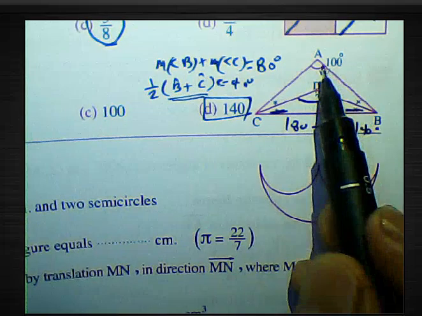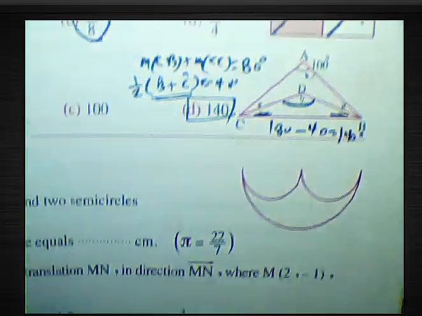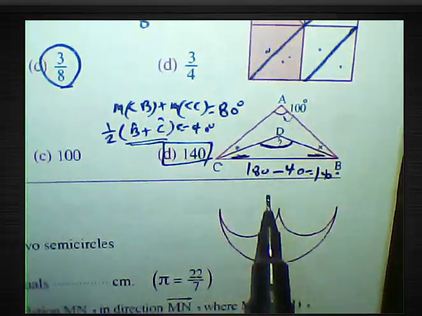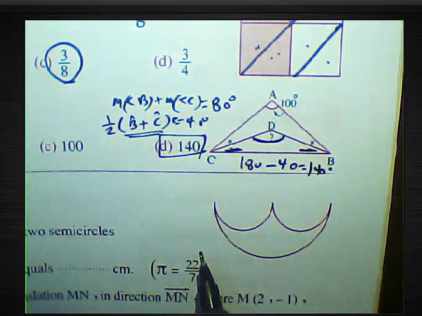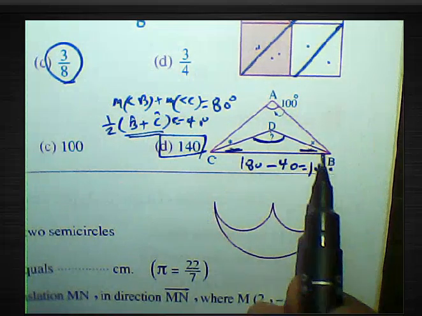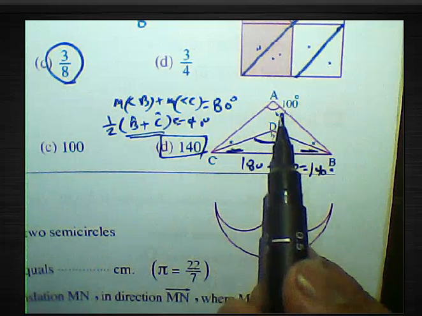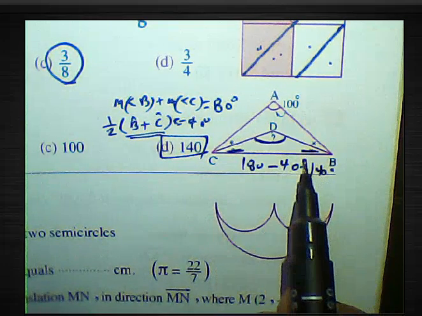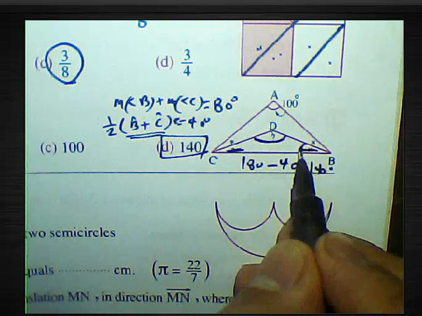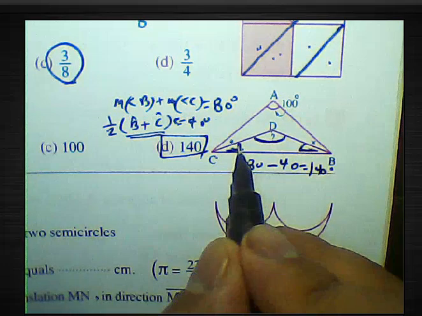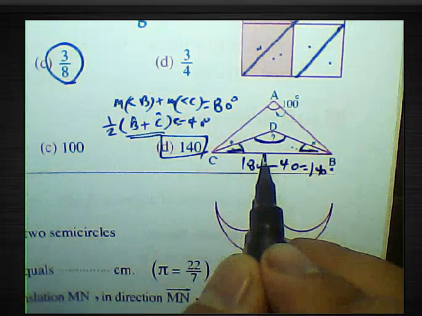Again, he gives us the measure of the vertex angle here, 100 degrees. Okay, and you must find the measure of angle B and angle C. To find the result for angles B and C, you must subtract 100 from 180. The result will be 80 degrees. Then half of this angle plus half of angle C, the sum of them equals 40.